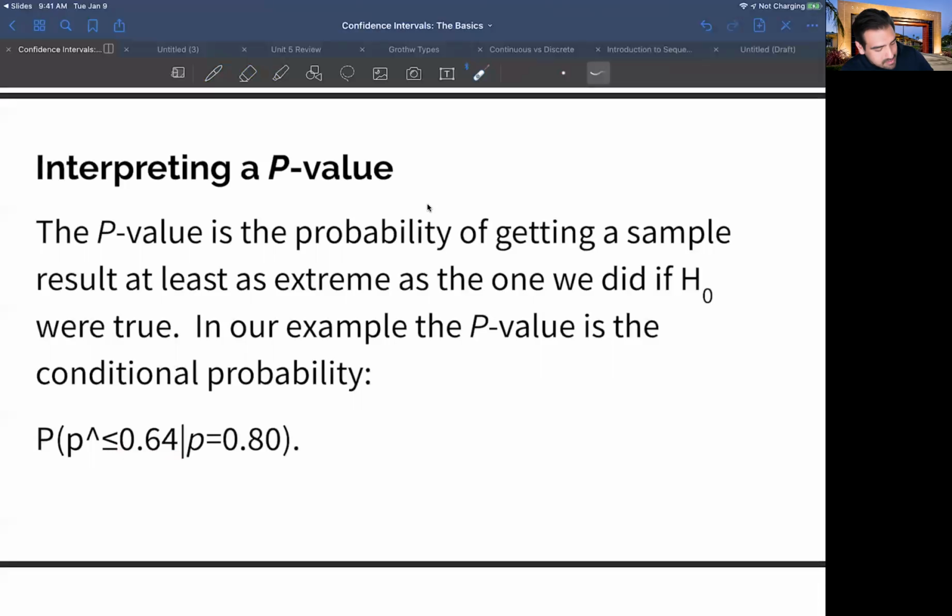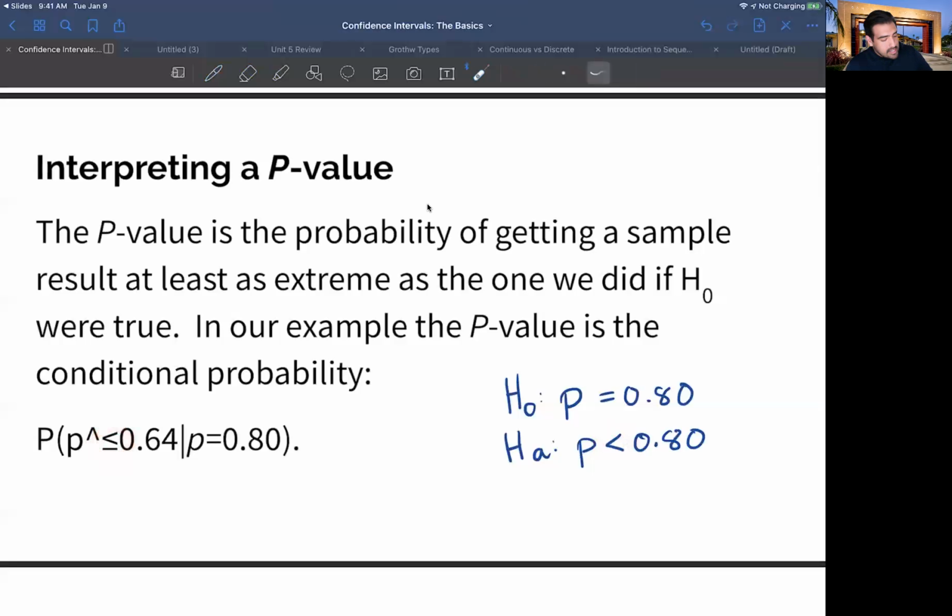Let me write our claims really quick. The null hypothesis is that the true proportion is equal to 80%. That's the original claim. I think that's way too high, so my alternative hypothesis is that the true proportion is actually less than 80%. This symbol in my alternative hypothesis is going to determine what symbol I'm using in my p-value.